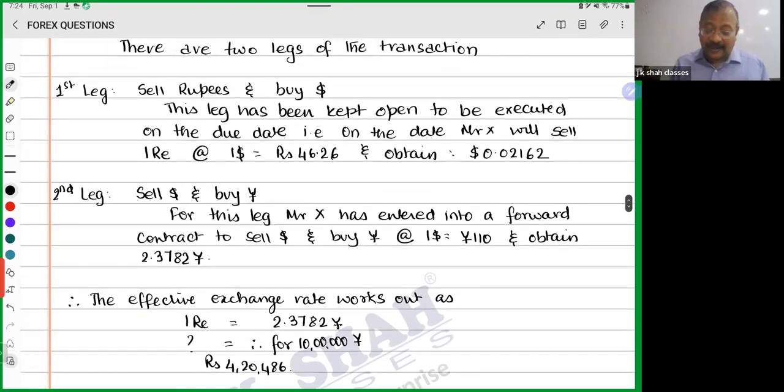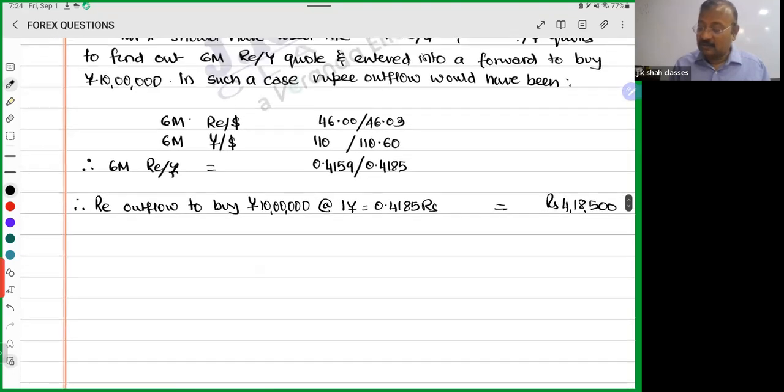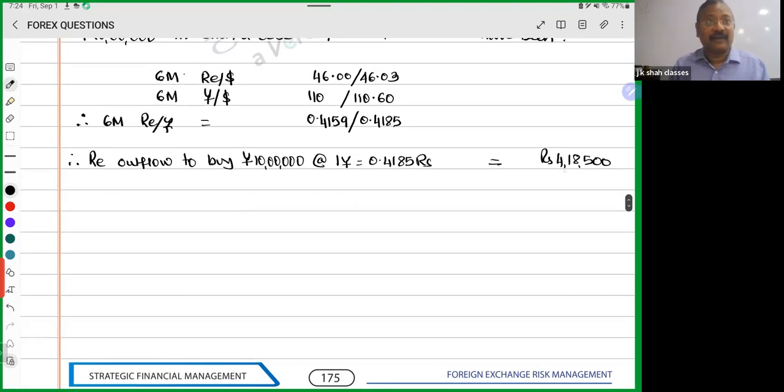X. And actually, if he had done what was logical, the outflow would have been 4,18,500.